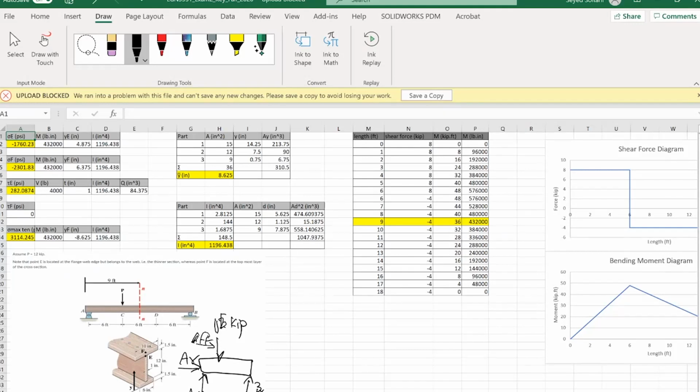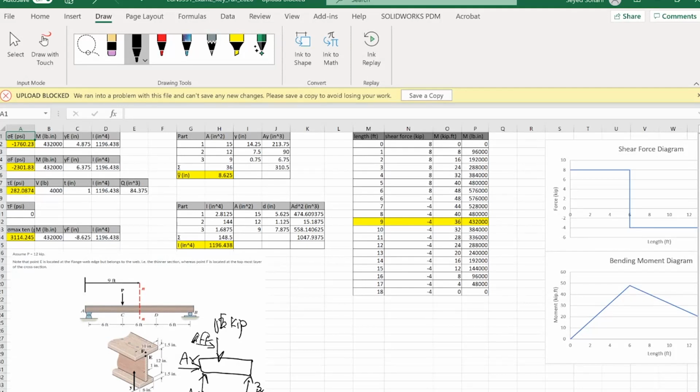Because in the next step, we need to calculate the reactions at the supports. If you don't draw the free body diagram, you won't be able to get the results for the next part. Why? Because how would you determine the reactions? Let's start with the easiest one here. The reaction at point A along the X direction: because there are no externally applied forces along the X direction, AX should be equal to 0.